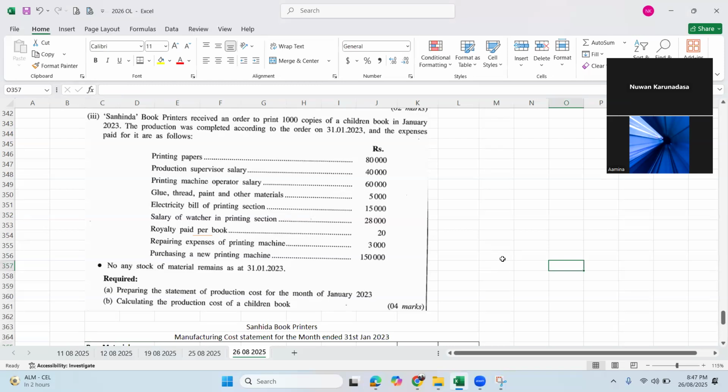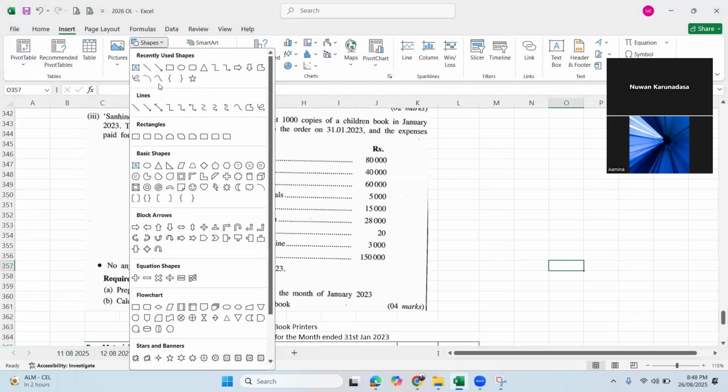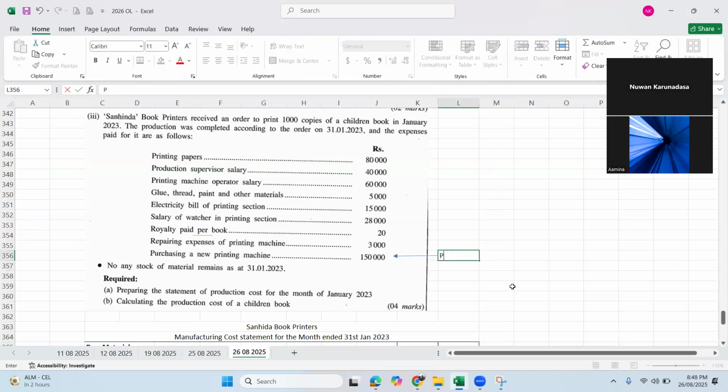Then repair expense of the printing machine, it is production overhead. Purchasing new printer machine, it is a fixed asset, not a cost. This is purchase of a fixed asset, not a cost.